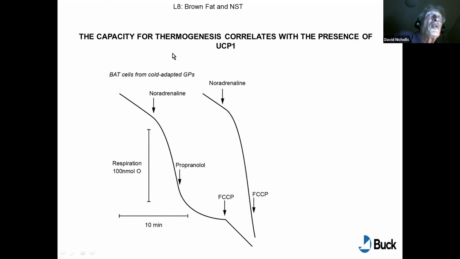And when we start looking at cells, so brown fat cells, we find that we can make cells from the cold adapted guinea pigs. We can add noradrenaline, and within a couple of minutes, we have a very high rate of respiration, which shows no respiratory control.